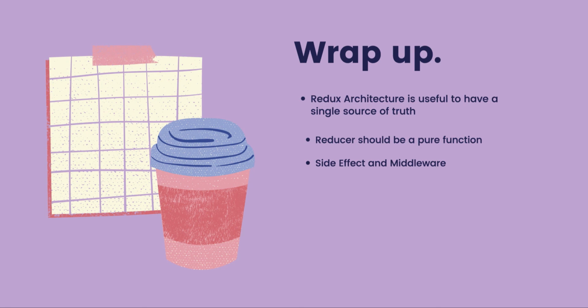Also, as we see, reducers should be pure functions, and now we actually know why pure functions are great. This is because if we have a function that takes a state and an action that occurs, the function should return the exact same result every single time, which goes with Redux architecture.